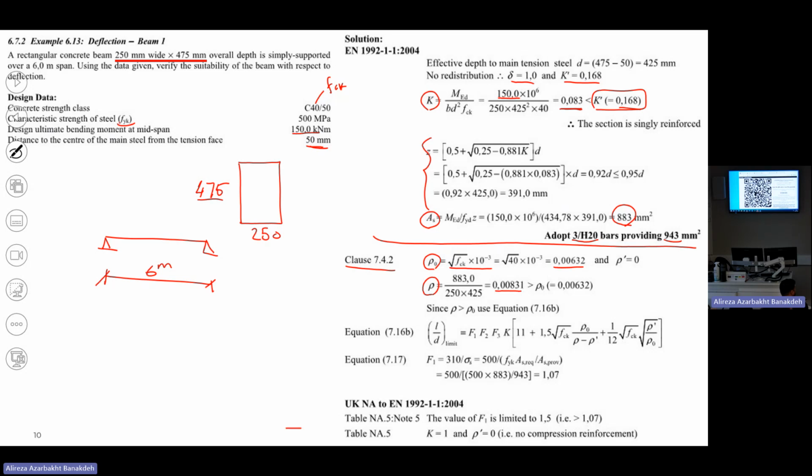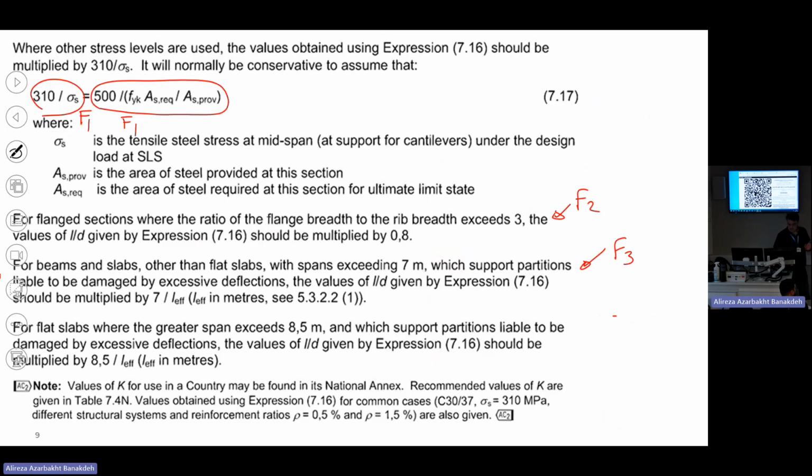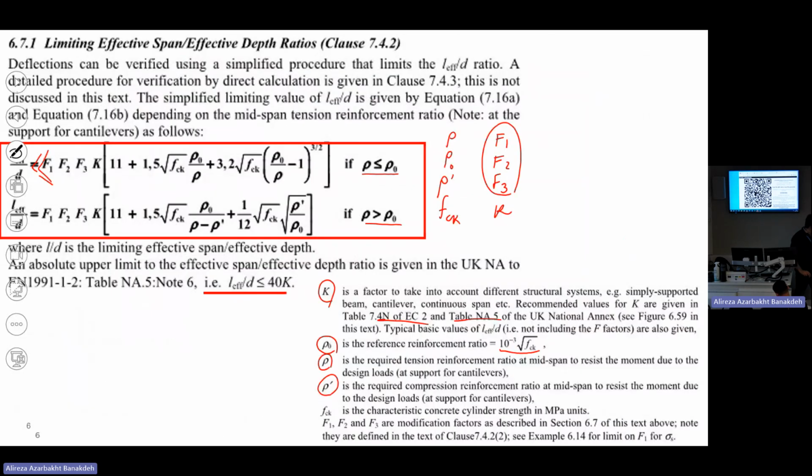No. The definition of rho is the required tension reinforcement. Required, not what you put there in practice. All right? Then rho is the required tension reinforcement.